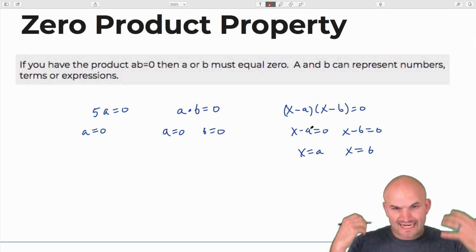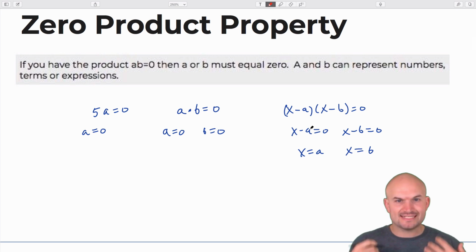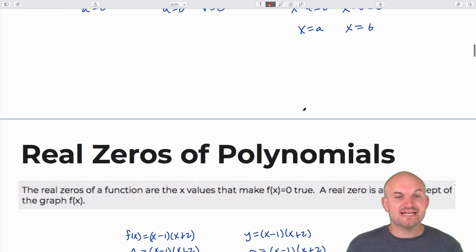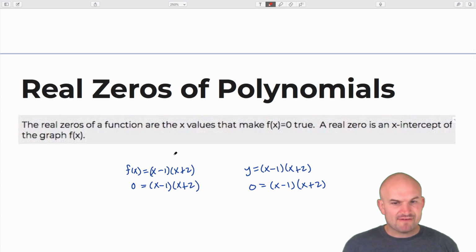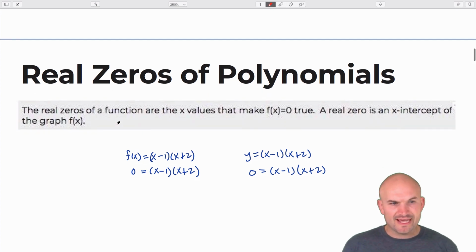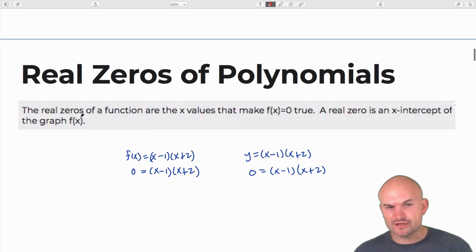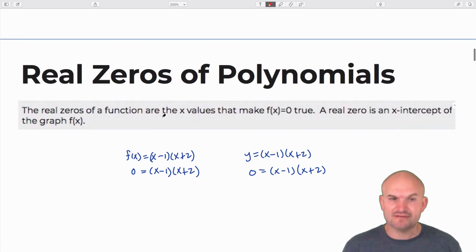And again, the idea is looking for a product equal to 0. That's what we've already discussed so far in that linear factorization form, which I'll review again. When we have a product equal to 0, that allows us to apply the zero product property. And that's what we're looking for when we're finding the real zeros, or really when we're finding any zeros of a polynomial.